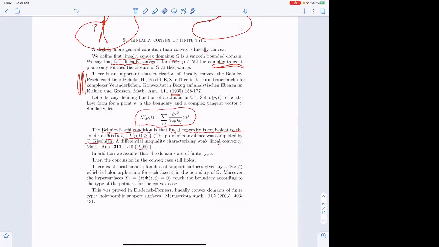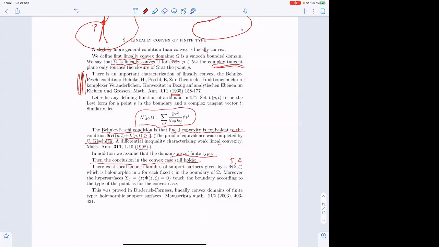So we will assume also that the domains are of finite type. As always, we've given up on the infinite type. Then the conclusion in the convex case still holds. Namely, you have local smooth families of support surfaces given by phi of zeta, z, which is holomorphic for each zeta in the boundary.